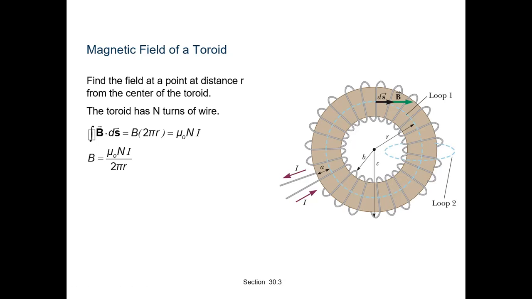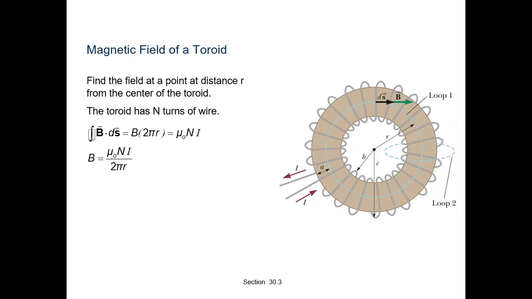It carries current I. We shall see that the magnetic field in the open space inside and outside the toroid is 0, and the field B inside the toroid is constant in magnitude for an ideal toroid of closely wound turns.